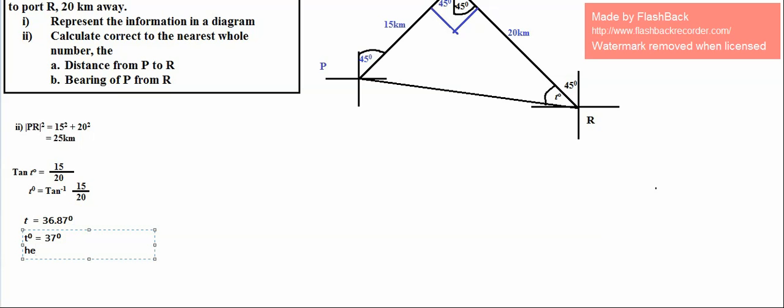Henceforth, the bearing of P from R. Now to find the bearing of P from R, we add 45 degrees plus 37 degrees, and that will give us 77 degrees.